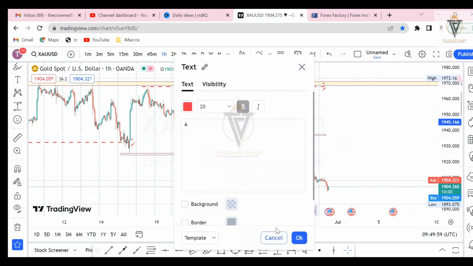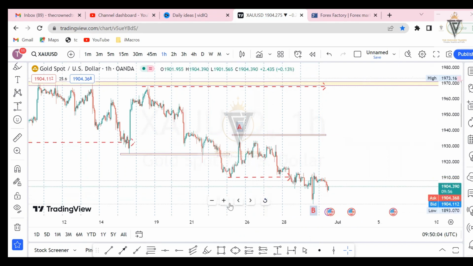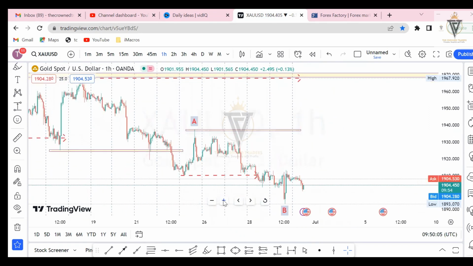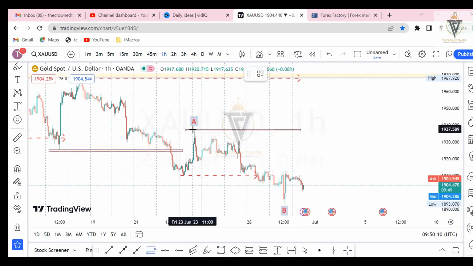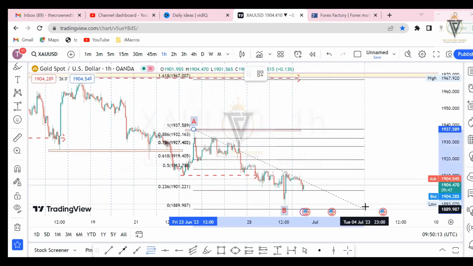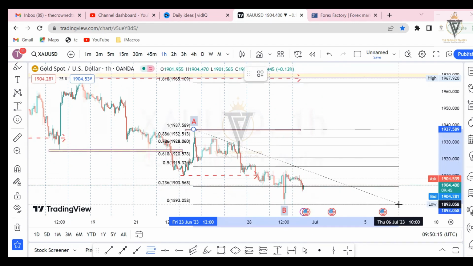What do you do? You pick your Fibonacci tool and then you drag it from point A to point B. Point C is unknown.